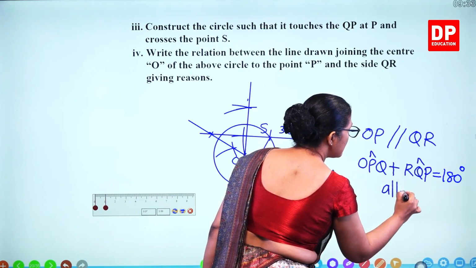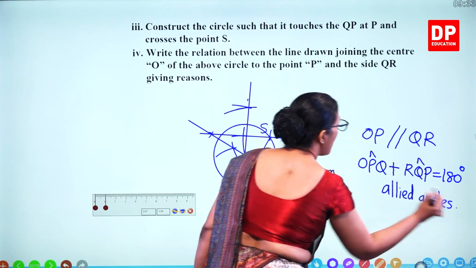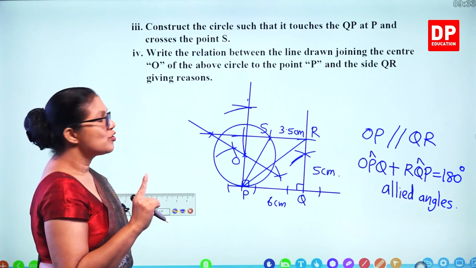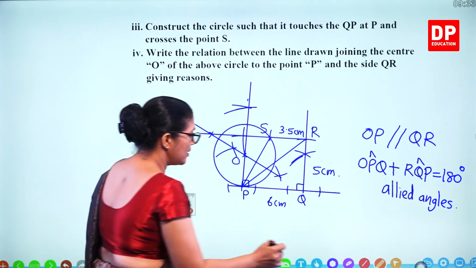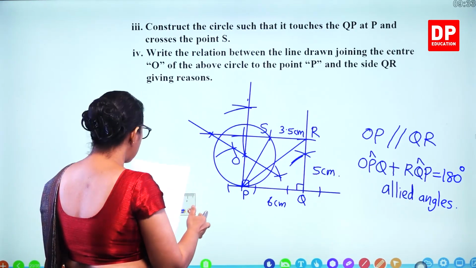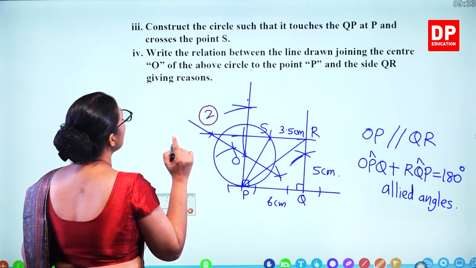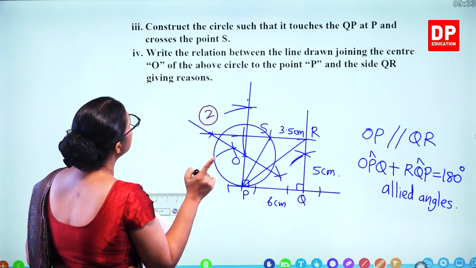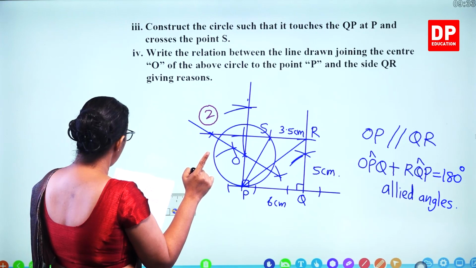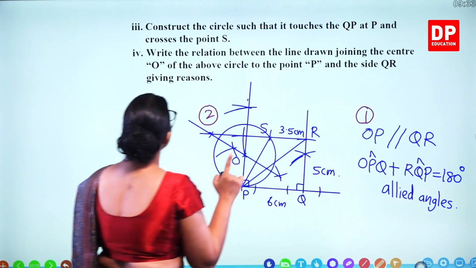Allied angles add up to 180, means the two lines are parallel. So how many marks for this? Third step, you are getting 2 marks for drawing the circle, and then you are getting another 1 mark for giving the reason.